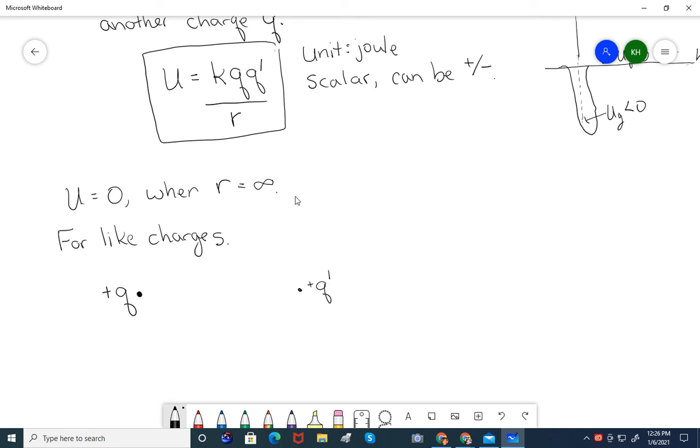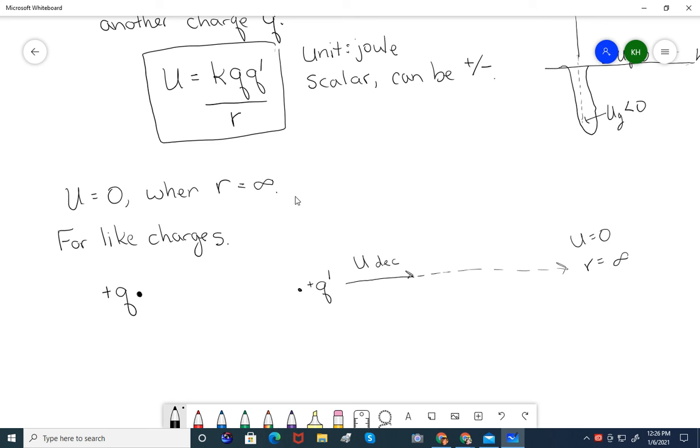Well, if I get farther away, which is what's going to happen naturally, they're going to repulse each other. It's going to increase its kinetic energy as it moves away, and it's going to decrease its potential energy. If I keep going far enough, I'll finally get to 0 when R is equal to infinity.